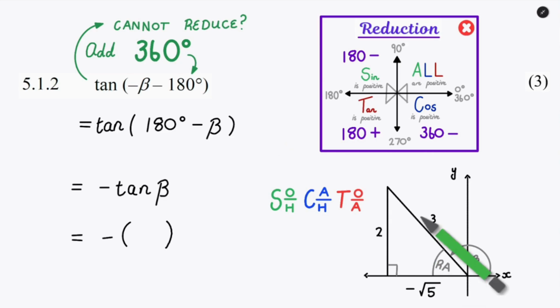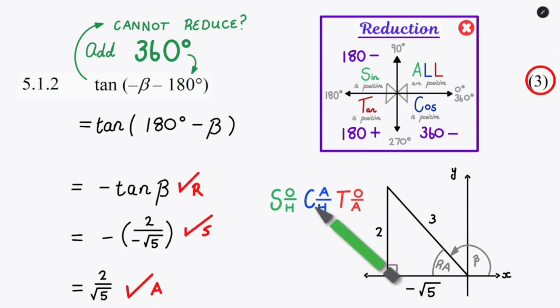So tan is opposite over adjacent. It's all relative to the reference angle. So the opposite is 2 and the adjacent is minus root 5. So inside of this bracket, I put 2 over minus root 5. Negative and a negative cancel out to give me a positive, and I'm just left with 2 over root 5. And your 3 marks will be awarded for your reduction, substitution, and answer.